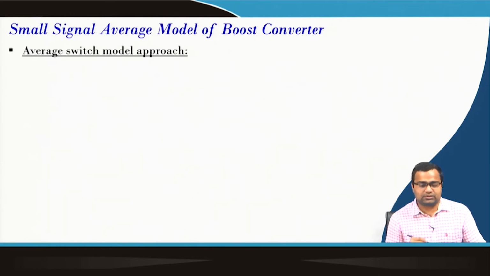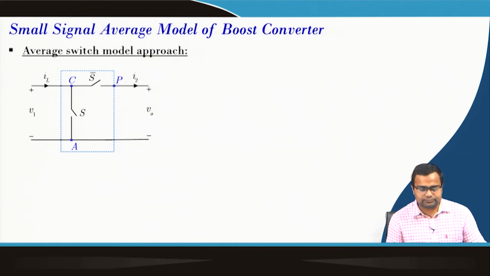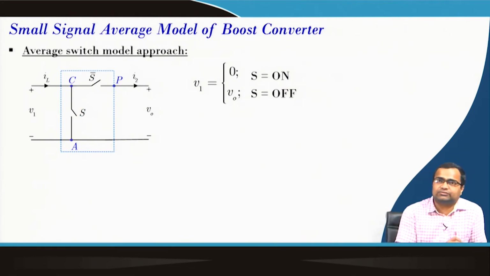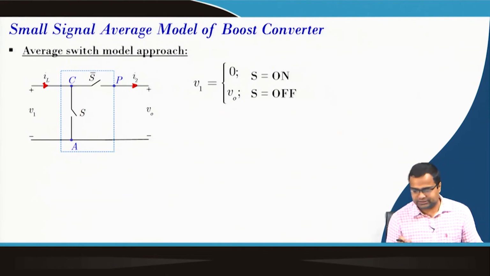Similarly, we can apply this circuit averaging technique in a boost converter. Here we can consider again the 3 terminal model, where the input side switch, which is connected to the inductor, has a discontinuous voltage and a continuous current, because we have an inductor before this. The output side, since we are not considering ESR, is connected to the capacitor, where the voltage is continuous, but the current is discontinuous.